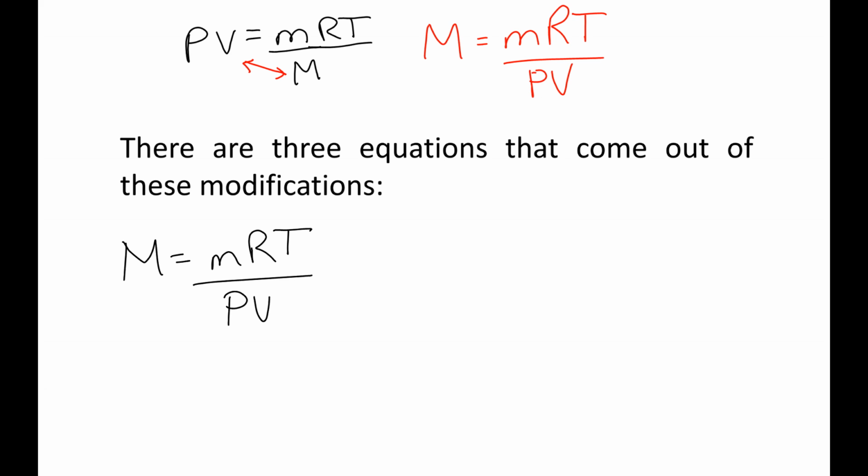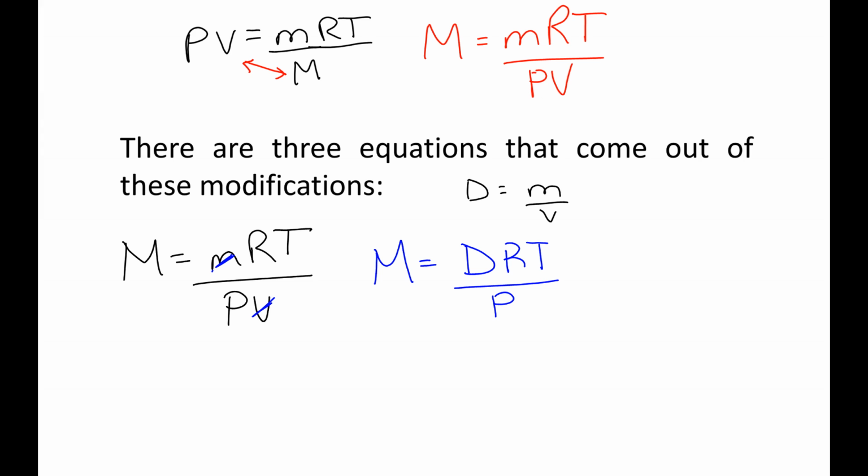Now, the next one basically uses density. And density, we know, is your mass divided by volume. So in this equation where mass and volume are, we're going to put a D here. So big M is D, the density. So we're going to replace the m and the V. I'm going to take that m and that V out.